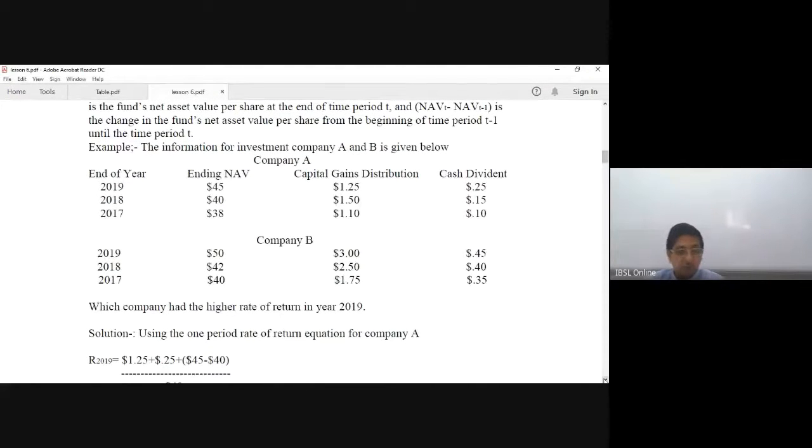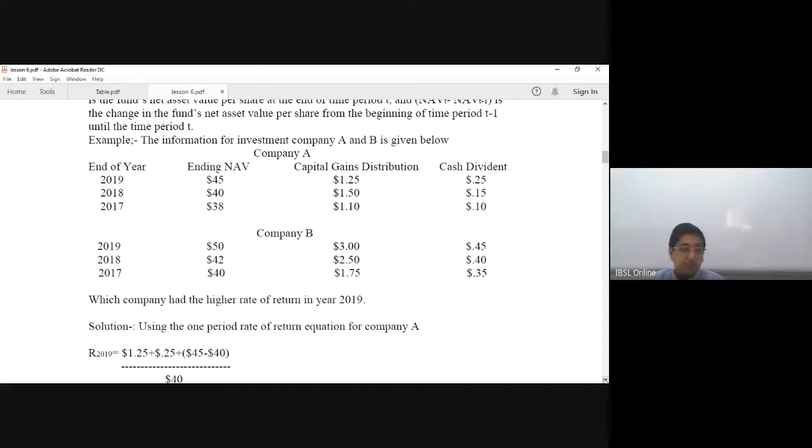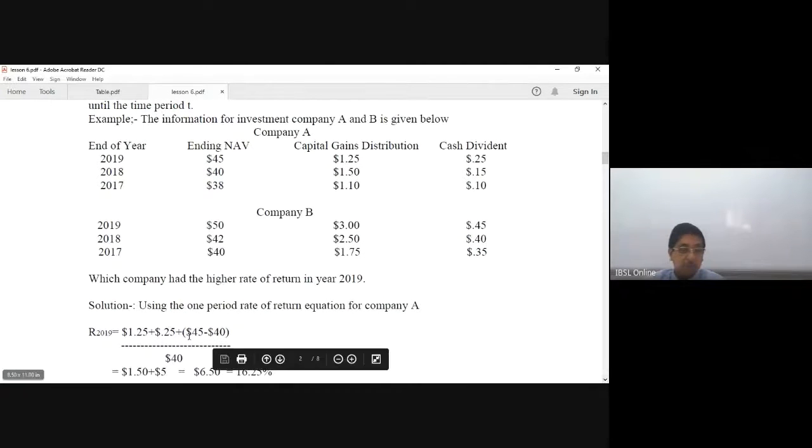So in order to check that, we have to calculate the return for 2019 for company A and company B. Now, in order to calculate the return, we can apply the formula. Now, in the formula, I told you earlier, capital gains and the dividend distributions have to be added.